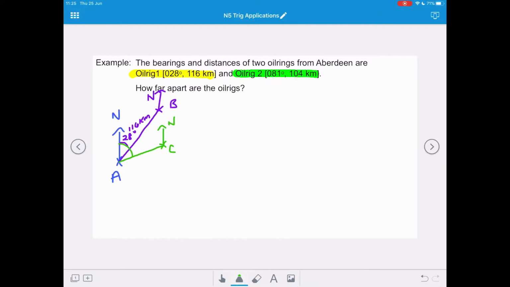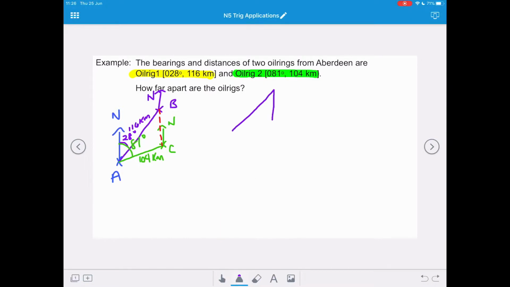Then we're going to annotate our diagram with our 104 kilometres, and the total size of our angle from north to that line is 81 degrees. The distance, or how far apart the oil rigs are, is the distance between B and C.